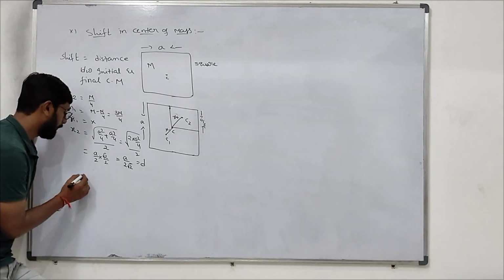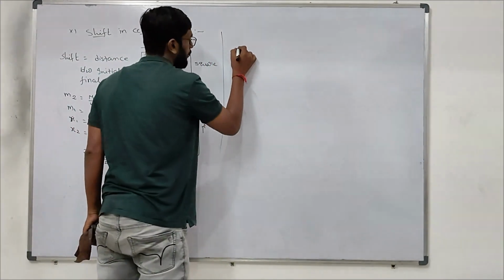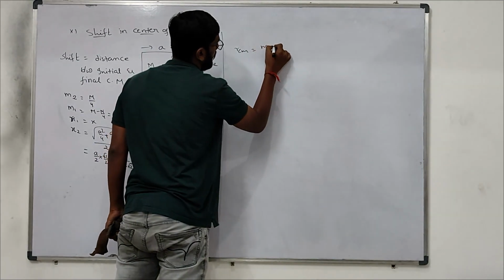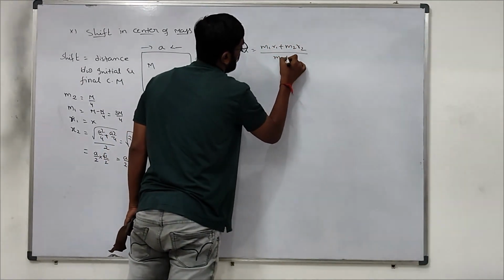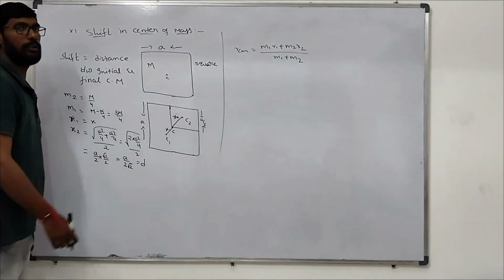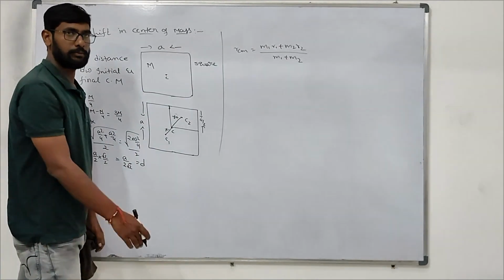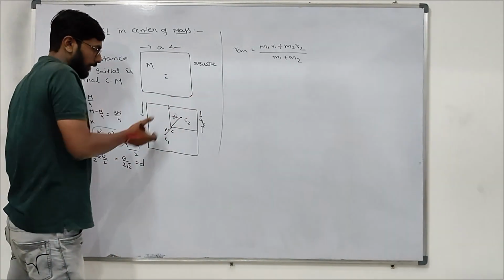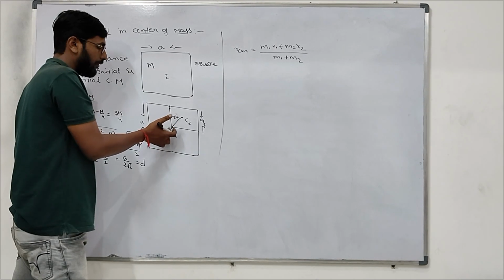So RCM will be what? We know RCM equals M1 R1 plus M2 R2 by M1 plus M2. So you consider this is the origin. This is our x-axis. Right? You can consider this is our x-axis. This is the origin. So R1 will be x.